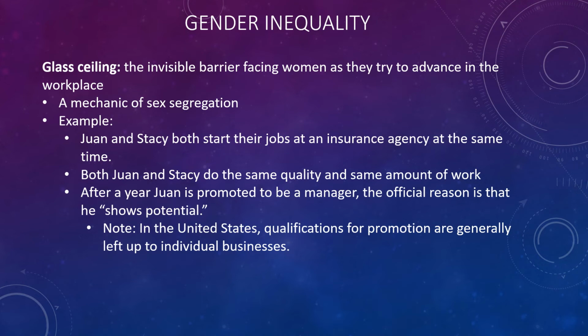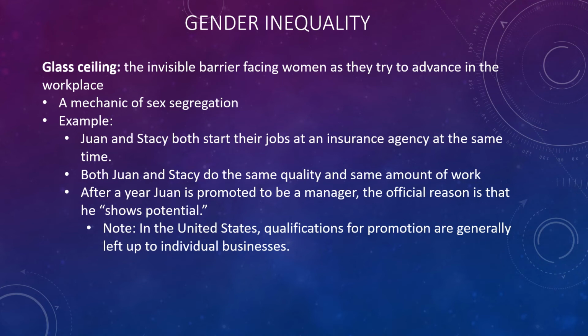An example of this could be that Juan and Stacy both start jobs at an insurance company at the same time. They're hired and onboarded, and they start their job at exactly the same time. Both Juan and Stacy do the same quality of work and the same amount of work, right?